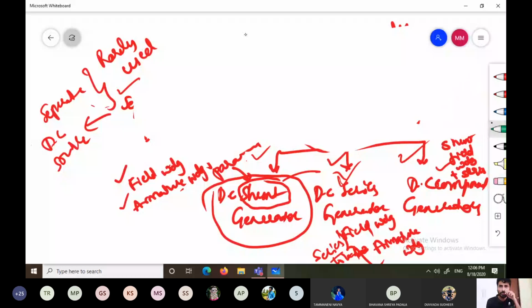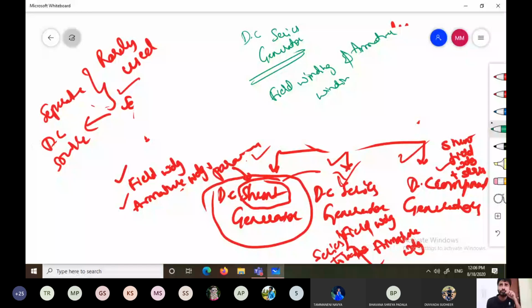The field winding and armature winding are connected in series to the load. Then the type of generator is called a series generator. Okay.